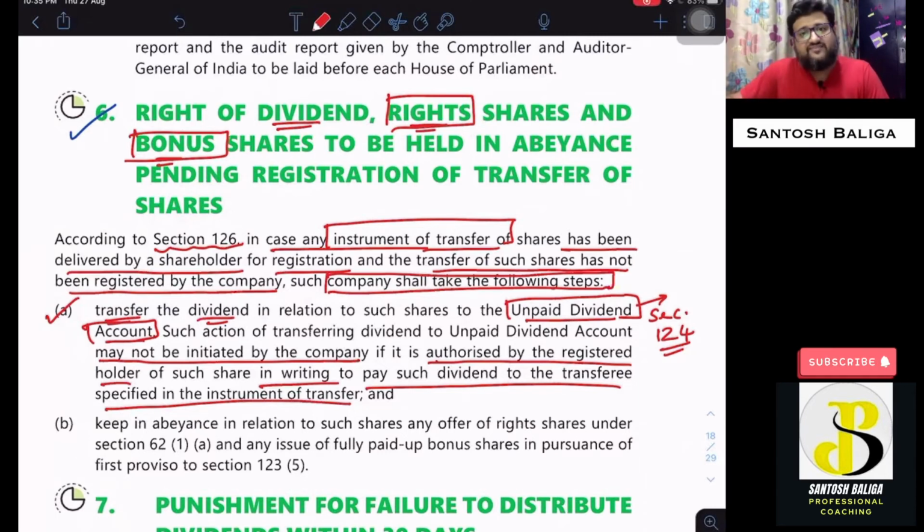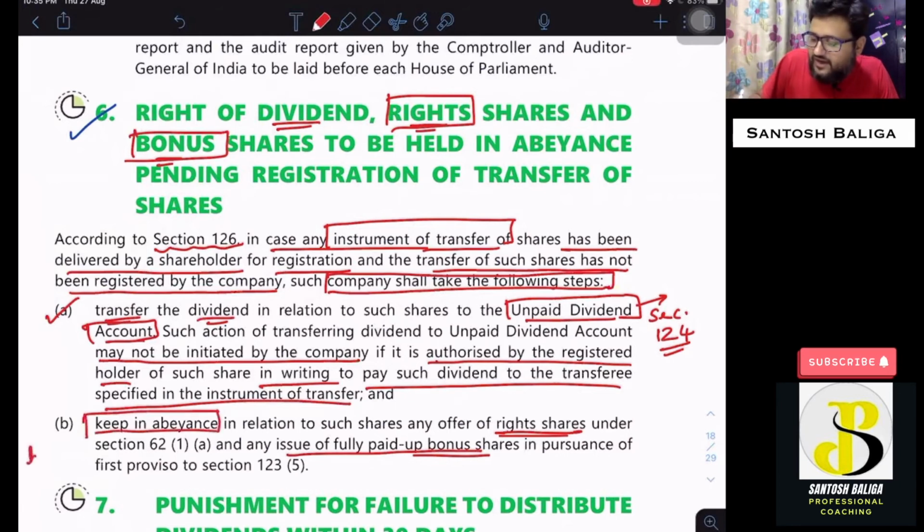But in this case, the registered holder is still on the register of members and the transferee's name is not yet entered in the register of members by the company. Hence, such a corporate action of offer of right shares or issue of fully paid up bonus shares will be kept in abeyance. Abeyance means it will be kept on hold till the transfer is completed.